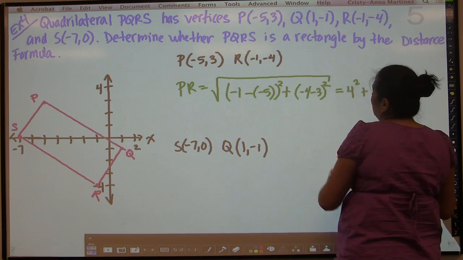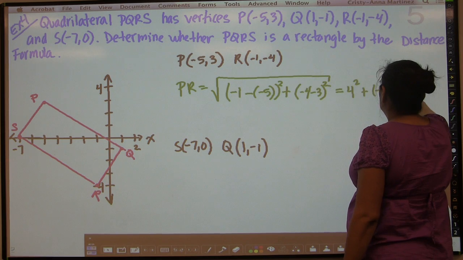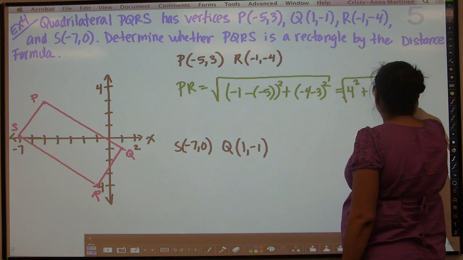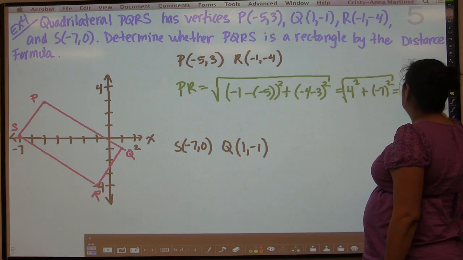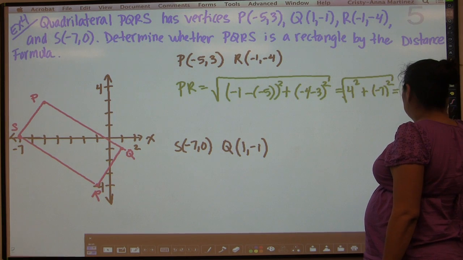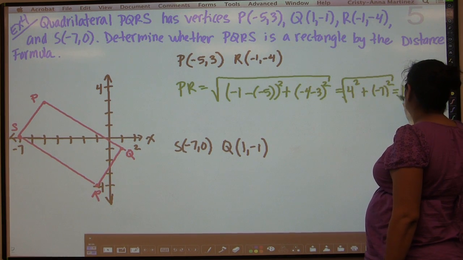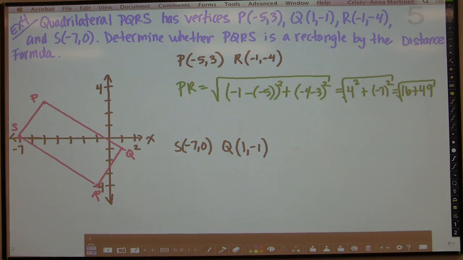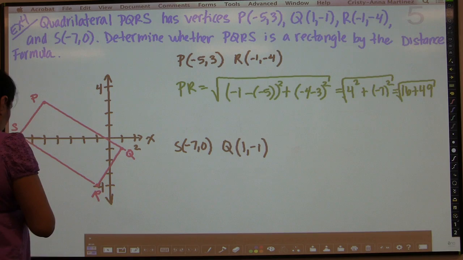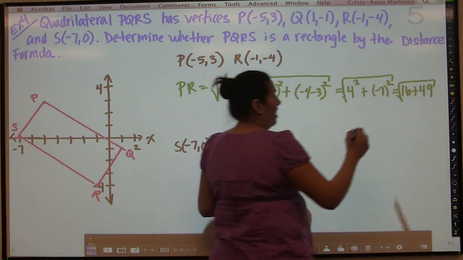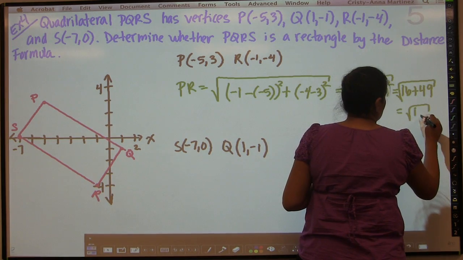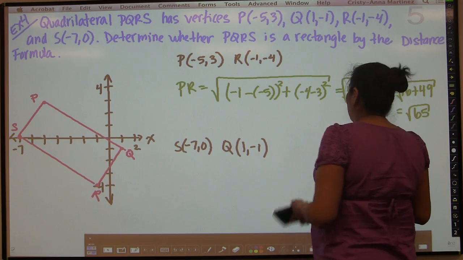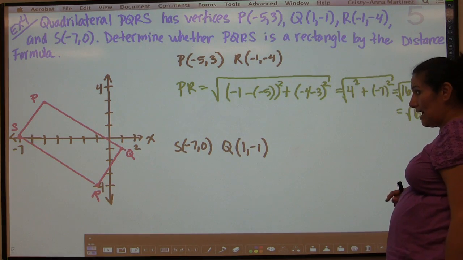Over here we get negative 4 minus 3, which is negative 7, and square that. So 4 squared is 16, negative 7 times negative 7 is 49, and so then we get 16 plus 49, and 16 plus 49 is going to give you 65. So we have the square root of 65 as the distance of our first diagonal.